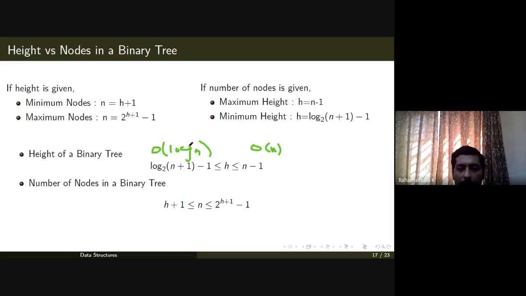You can take it as a summarization: the height of a binary tree always ranges from order of log n to order of n. Order of n will be a linear fashion, that is, you will have a linear structure. Order of log n is the case where all the nodes are present. So the height of the binary tree, with some n number of nodes, ranges from order of log n to order of n.